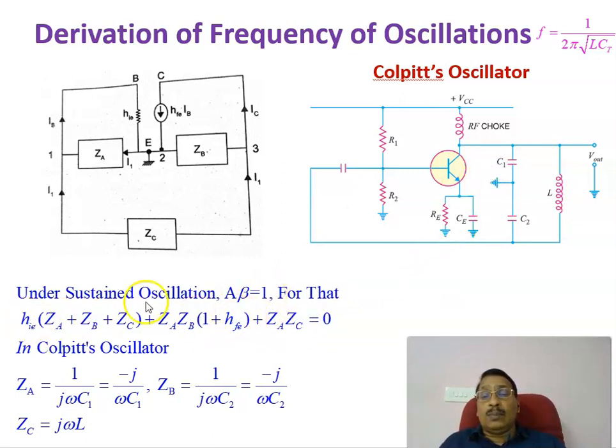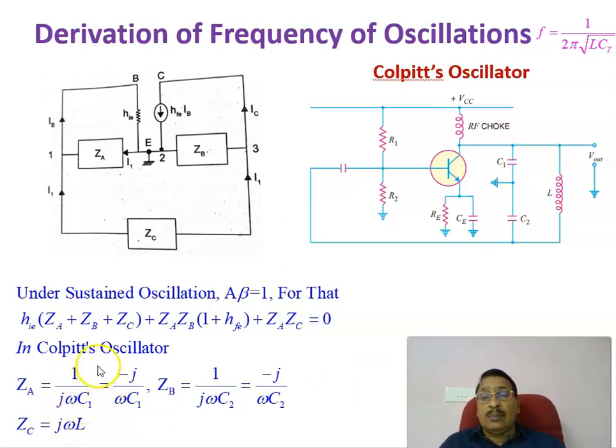Now we are going to apply this to the Colpitts oscillator and find what ZA, ZB, and ZC are. As per this equation, this is the condition to get sustained oscillation. Now look at the Colpitts oscillator. ZA is the impedance due to the capacitor C1, which is equal to 1 by j omega C1.